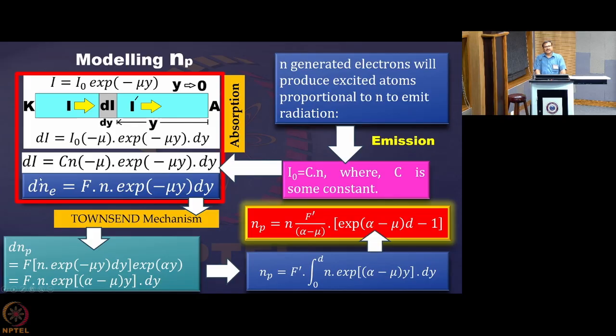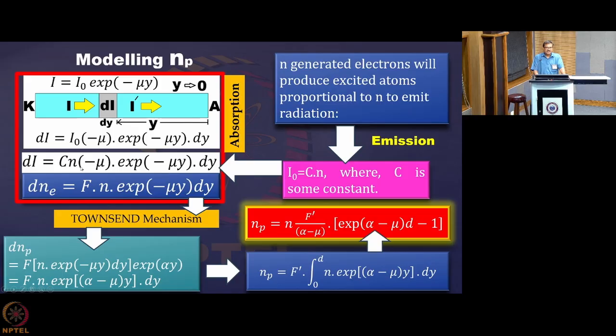The number of electrons generated due to this photoabsorption will be proportional to the amount of intensity that has been reduced within this elementary length. So dI is equal to Cn minus mu exponential minus mu y into dy.